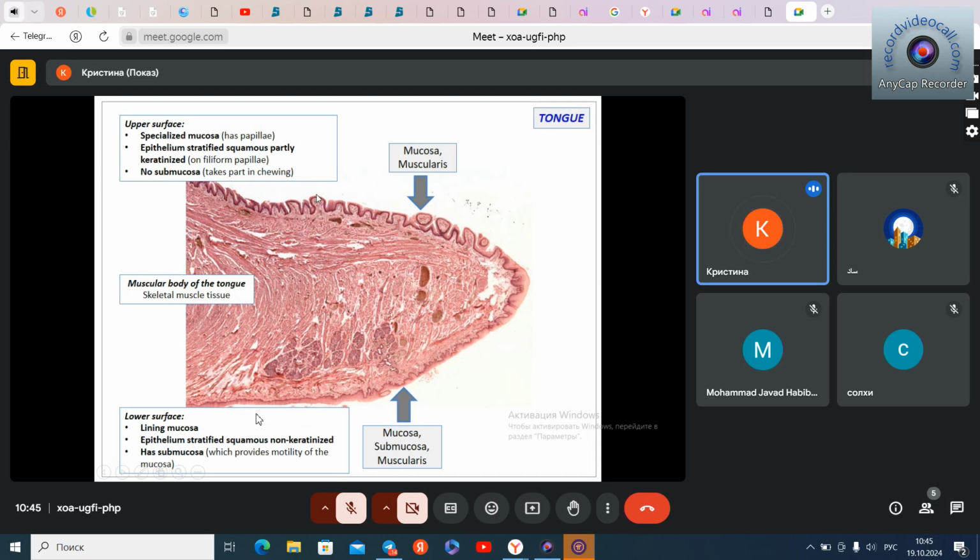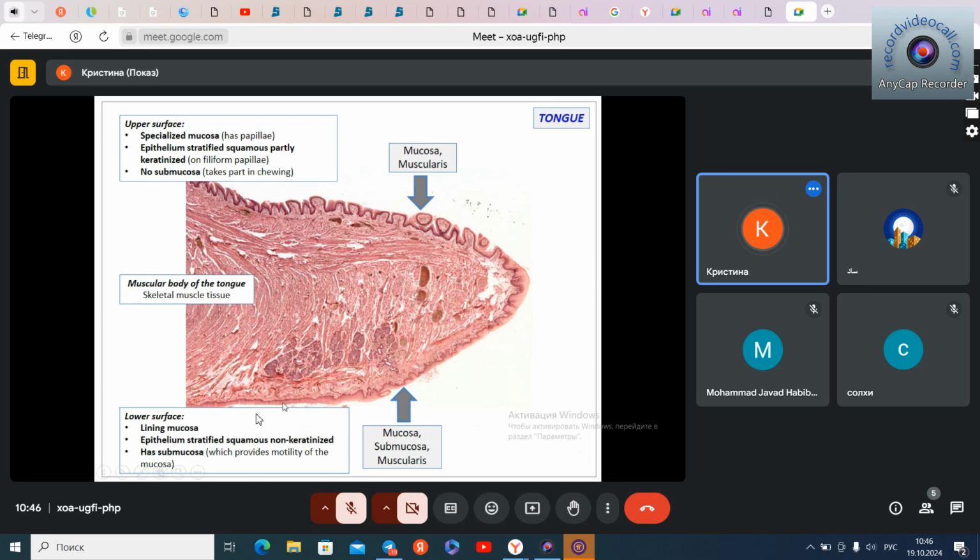So in the upper surface we have just the mucosa, which contains epithelium and lamina propria mucosa. Lamina muscularis mucosa is absent, and the lamina propria mucosa is firmly attached to the skeletal muscle tissue of the muscular body of the tongue. This firm attachment is needed for the function of chewing, because the tongue helps us to mix and chew the food.